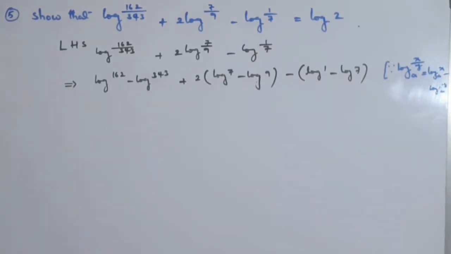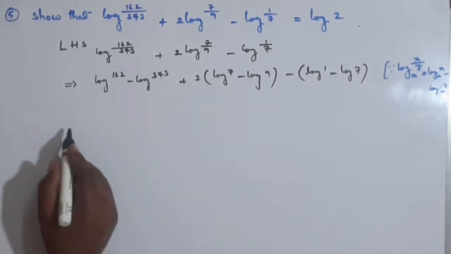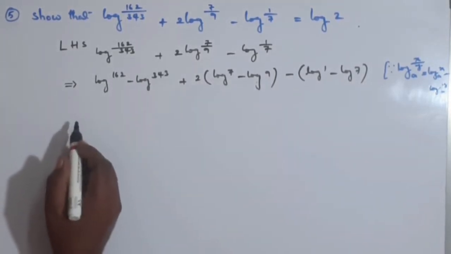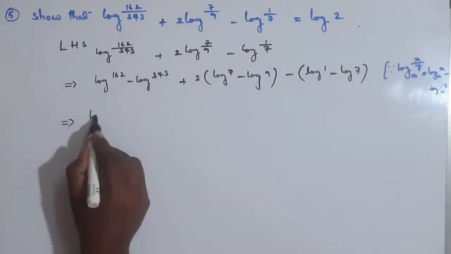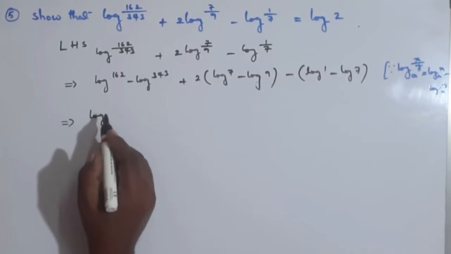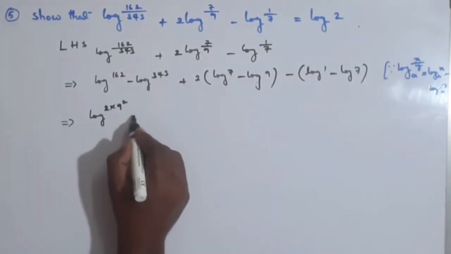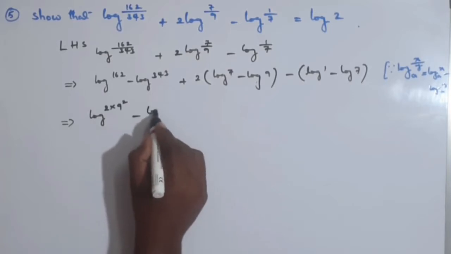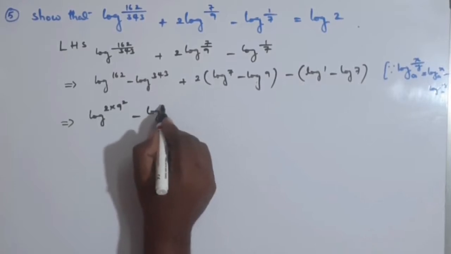Next, factorize 162 and 343. 162 can be written as 2 into 9 square, whereas 343 is 7 cube.